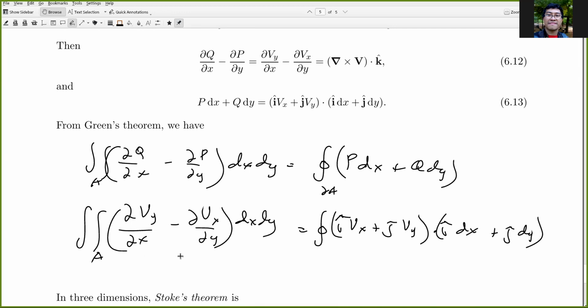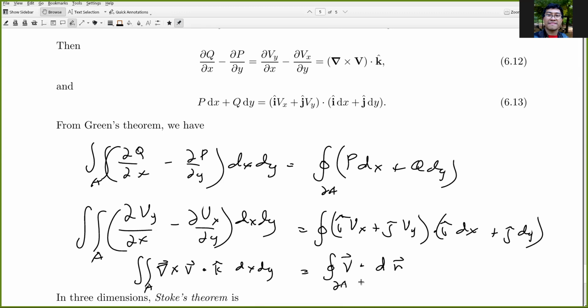So this is del cross V, the k-th component or the z component, equal to V dot dr.